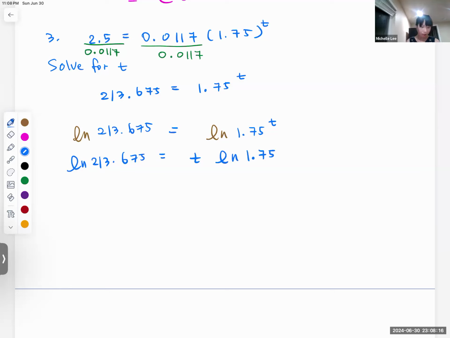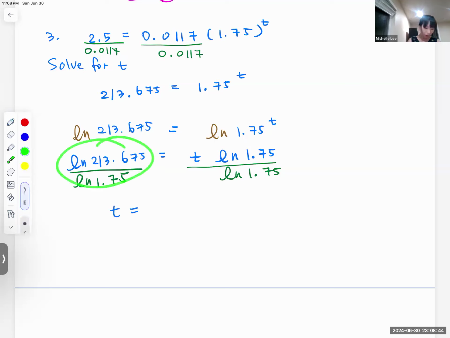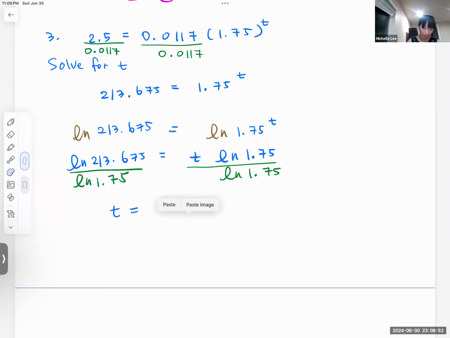It's a multiplication, so we can divide both sides by natural log 1.75. That will be t equal to, if we calculate this, 9.5.